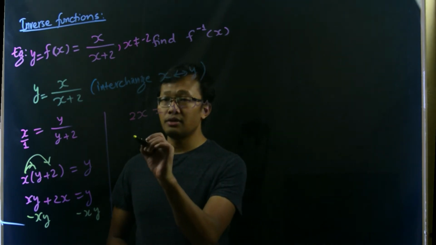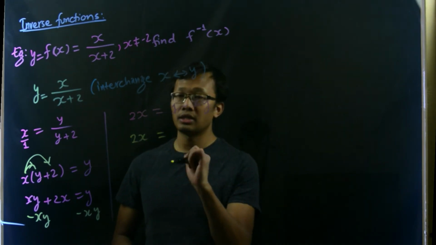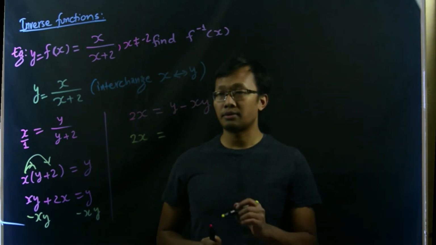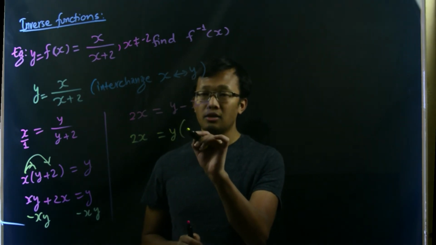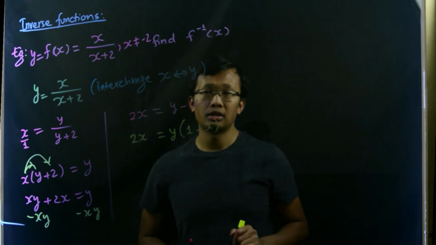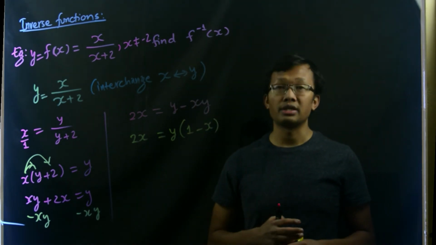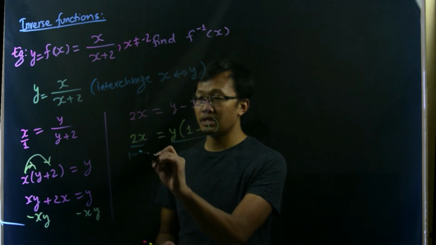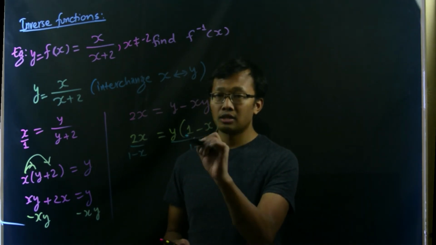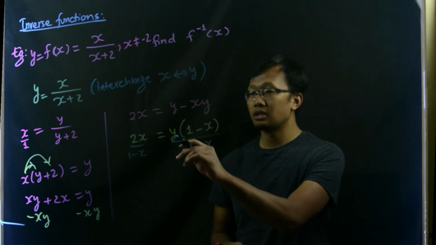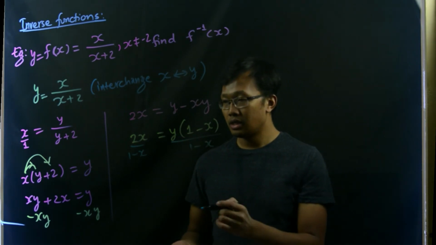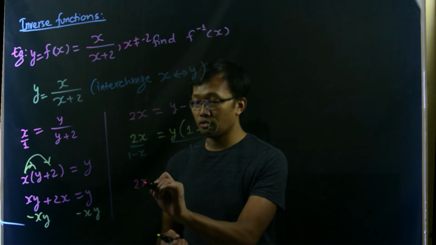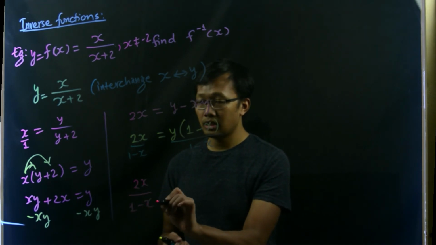After that, we can write 2x on the left, and y is common between these two expressions, so I can write this as y times 1 minus x. So I factor out the common quantity. I divide the entire expression by 1 minus x to get rid of the 1 minus x sticking with y, so we get 2x over 1 minus x equals y.